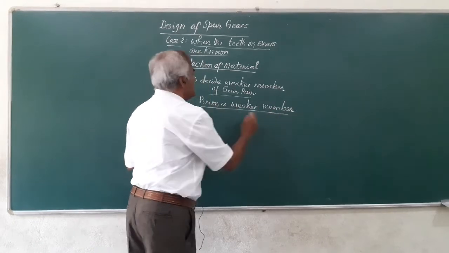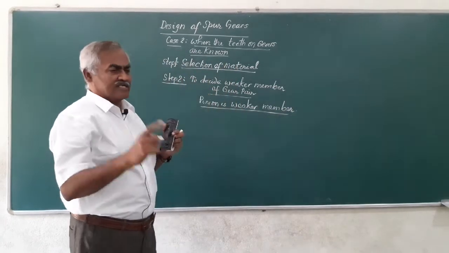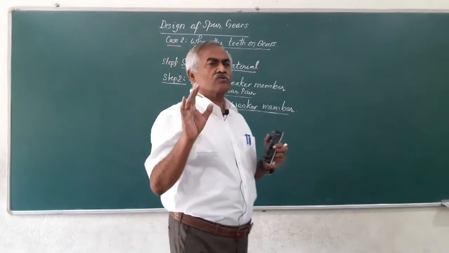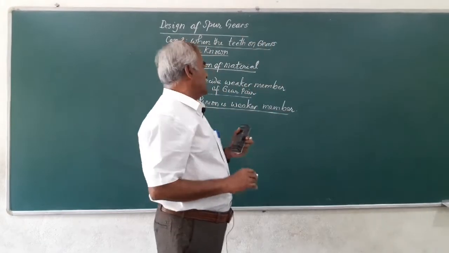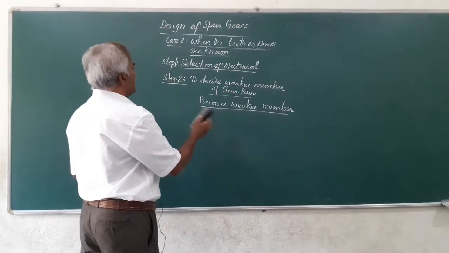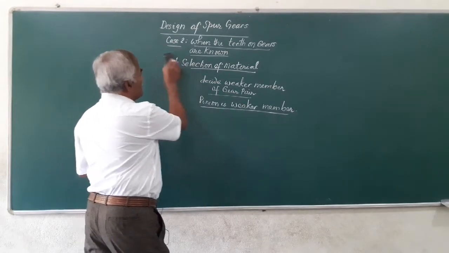So, this statement you should write down below this, stating that since the materials used for the pinion and the gear are the same, pinion is the weaker member and the design is based on pinion.